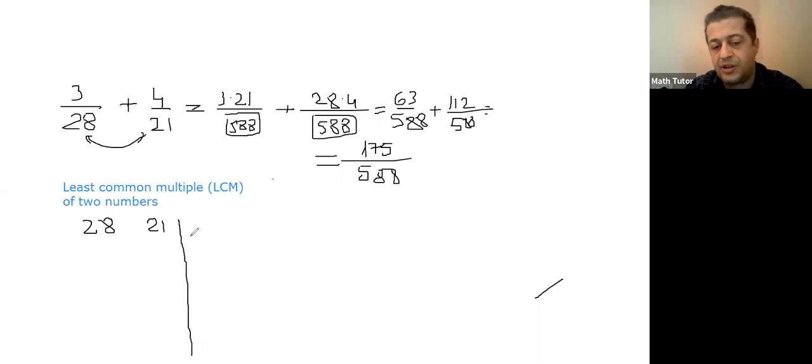We will start dividing them by numbers that are prime. Do you remember which numbers are prime? The prime numbers are those numbers that cannot be divided by other numbers except one and themselves. Do you remember? Yes, sir.